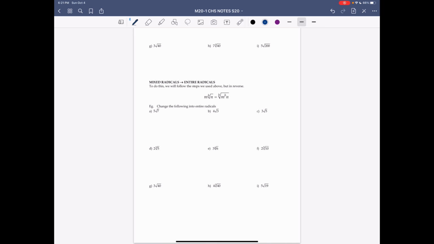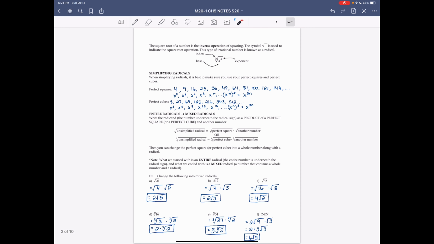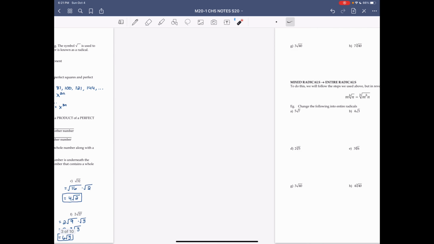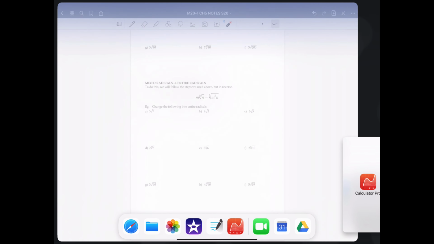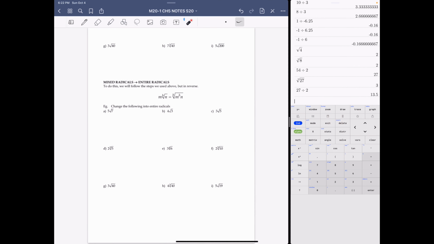A few more of that type. 3 times the square root of 40. Half of 40 is 20. So we're looking in our list of perfect squares for numbers that are 20 or smaller. I have 4, 9, and 16. Can 16 divide 40? Well, you just check. 40 divided by 16.